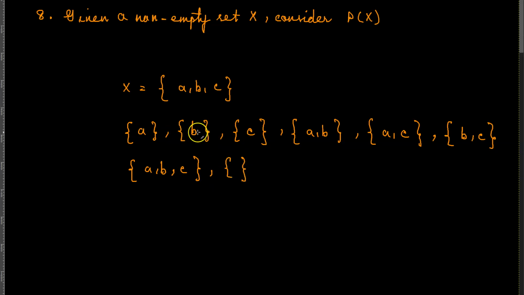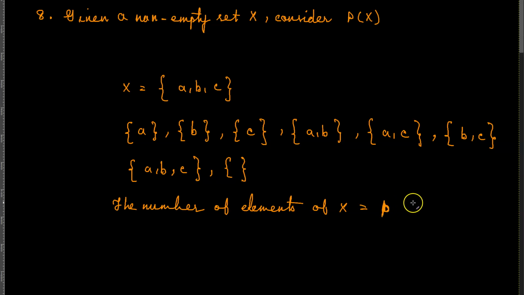And you can see that you have 1, 2, 3, 4, 5, 6, 7, 8 sets here. And that's actually 2 raised to the power 3. So the number of elements of X, if I call this p, lowercase p, is equal to 3 here.